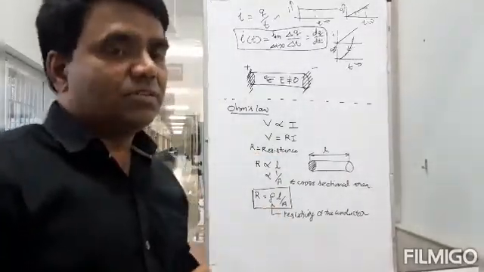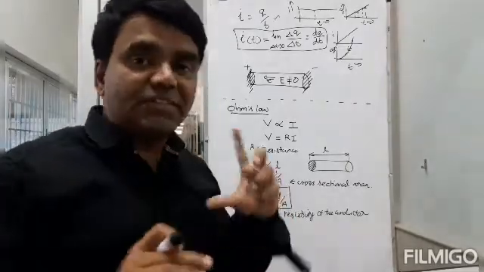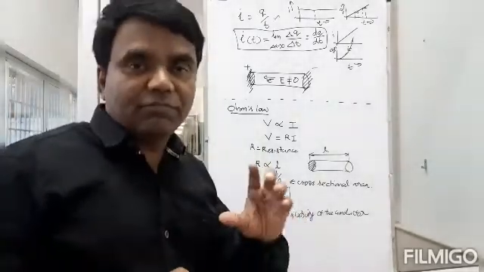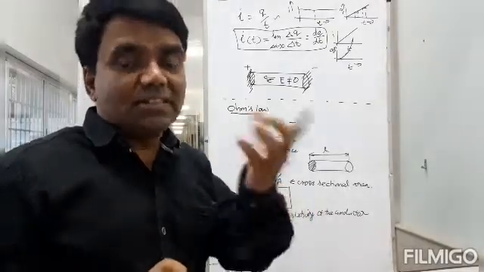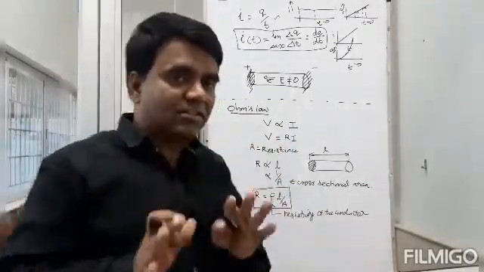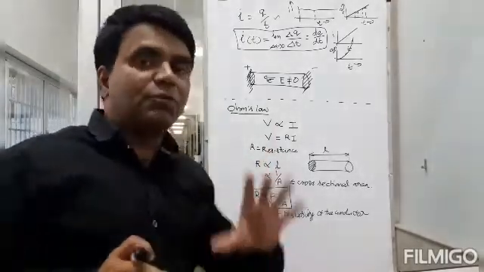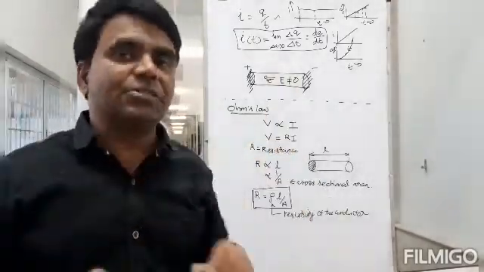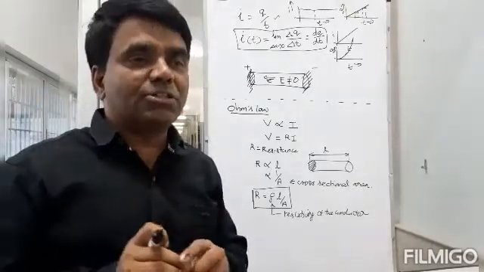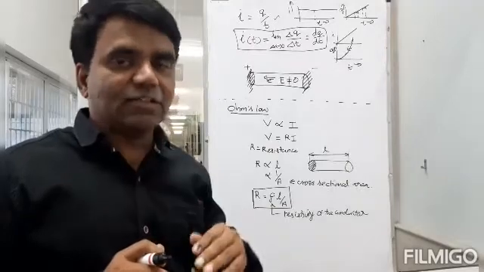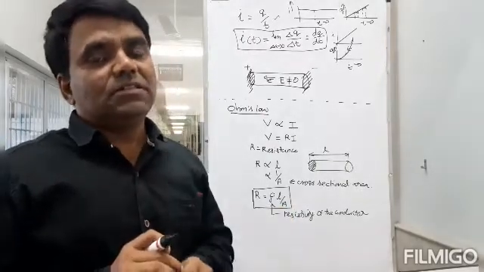What's the difference? Well, this is for a particular material, a particular substance. If I take copper, copper can have a certain resistivity at a certain temperature. We are not talking about temperatures yet, but let's come to that later. Copper will have a resistivity at a particular temperature, and at the same temperature, gold will have a different resistivity. Iron will have yet another resistivity.